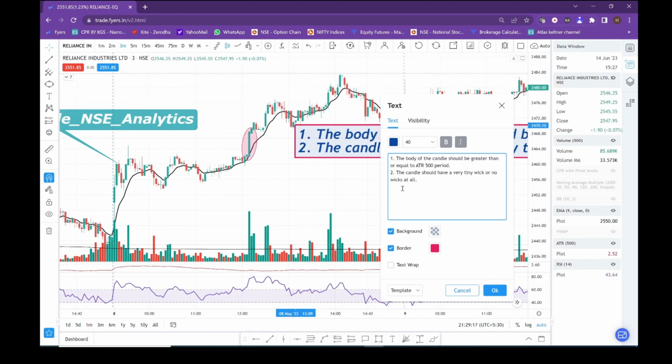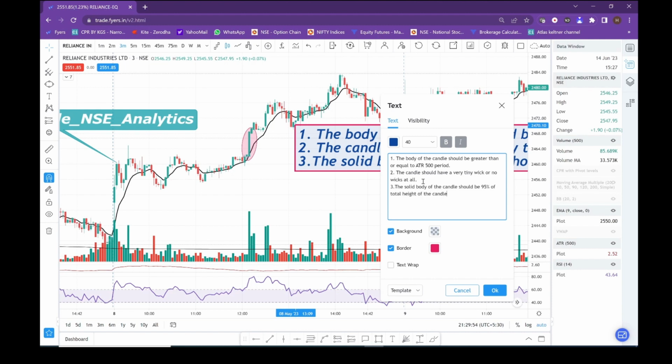for momentum trading. The third rule is the solid body of the candle should be 95% of the total height of the candle.